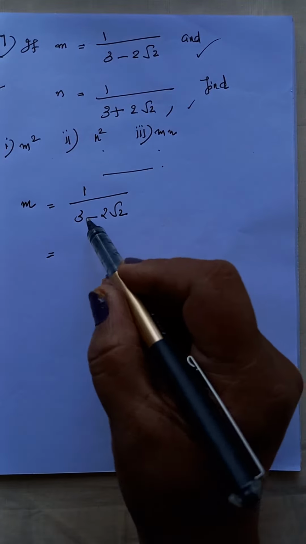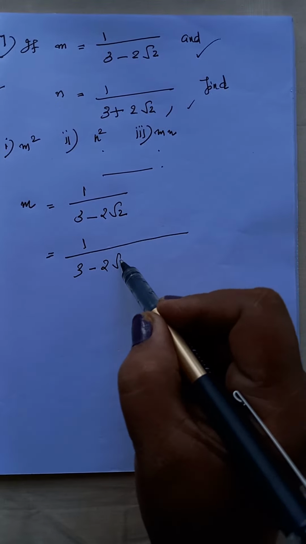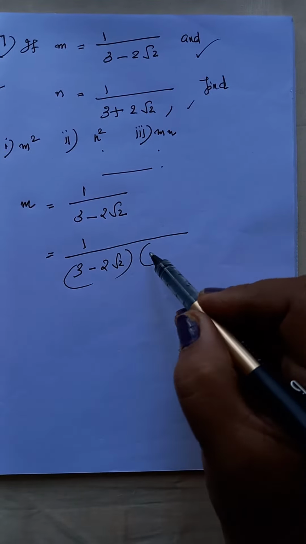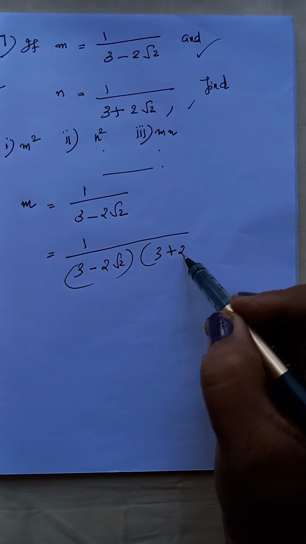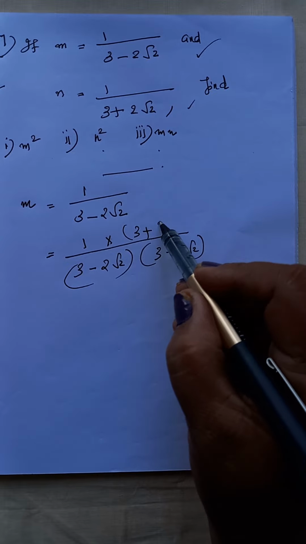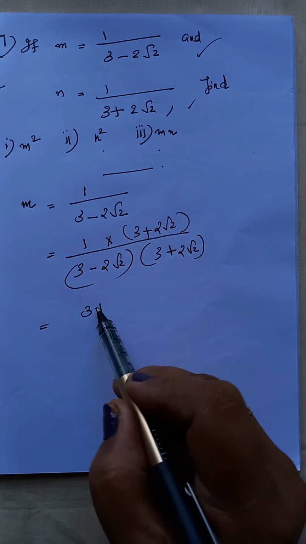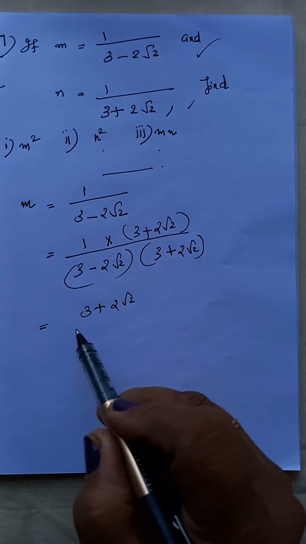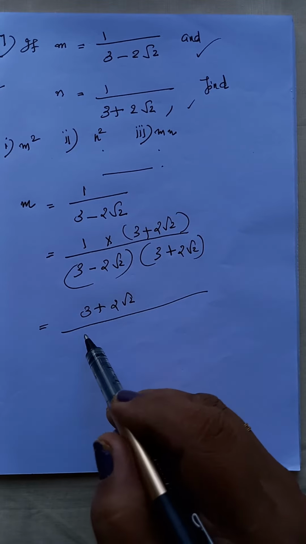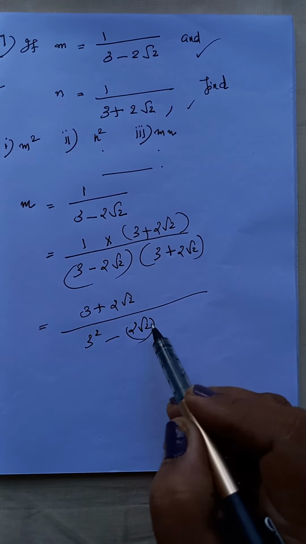We can rationalize 1 by 3 minus 2 root 2 by multiplying with its conjugate, that is 3 plus 2 root 2. The numerator also we have to multiply with 3 plus 2 root 2. That is equal to 3 plus 2 root 2 divided by a square minus b square form. So 3 square minus 2 root 2 square.